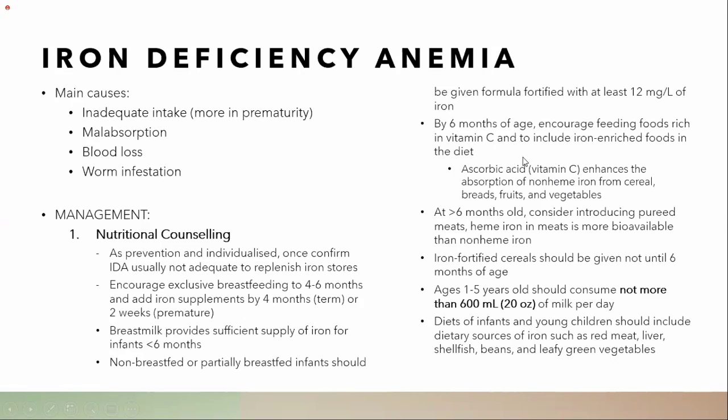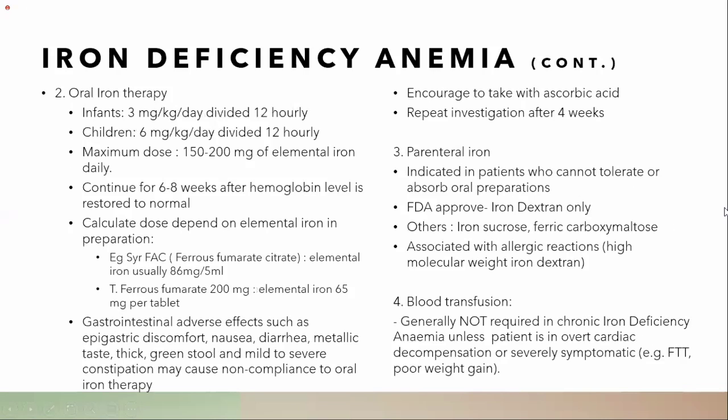At 6 months of age, encourage weaning, which is complementary food containing iron-rich food and vitamin C. We also advise that a child aged 1 to 5 years who is bottle milk feeding should not consume more than 20 ounces of milk per day, because at this age they should have a complementary iron-rich diet: red meat, liver, beans, and so on.